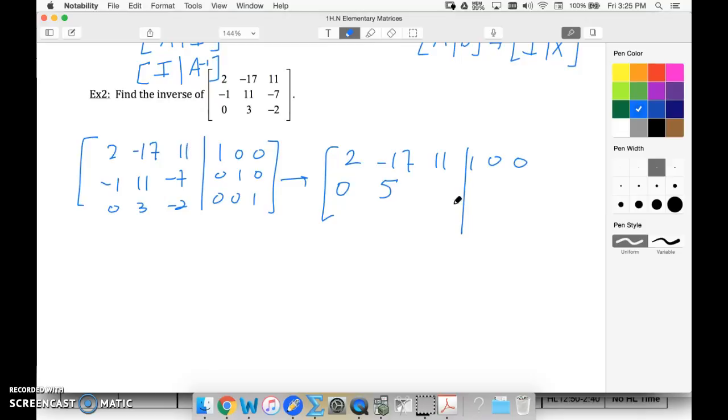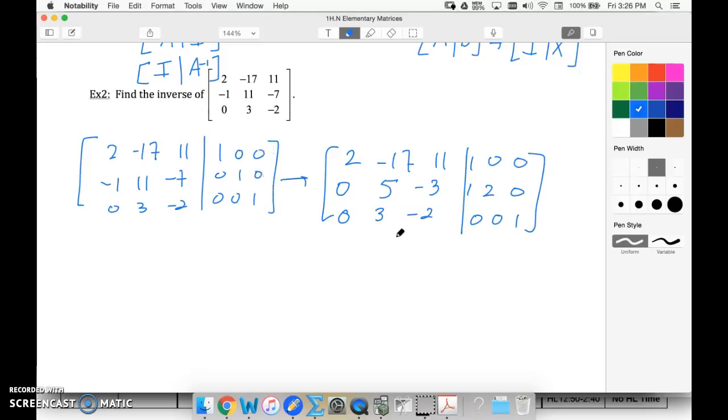Negative 14 plus 11, negative 3. 2 row 2 plus row 1. 2 of row 2 plus row 1 is going to give me 1, 2, 0. Same as my elementary matrix. And now let's go with 0, 3, negative 2. I'm going to leave that one alone. Okay, so I could think about this as the elementary matrix, but I could also think about multiplying this row by 2 and adding it to this row.